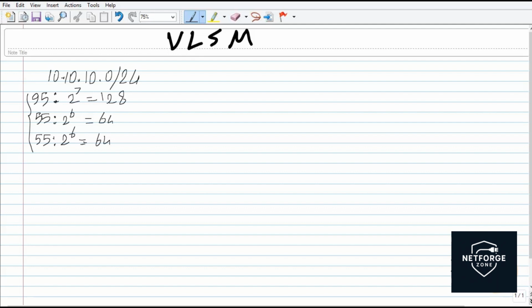The first one is the biggest part of my network. I want to write the fourth octet again here: 8 bits. I need to use 7 bits for the host portion, so this is my division line here.